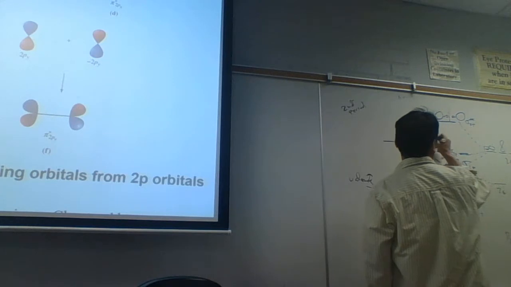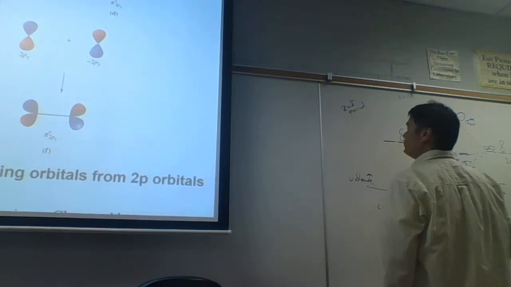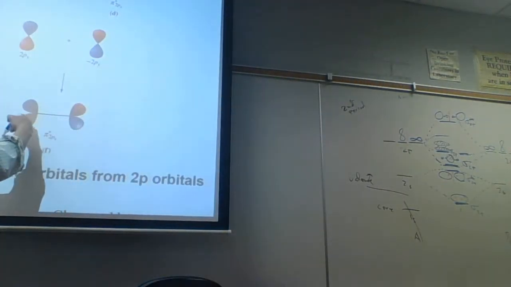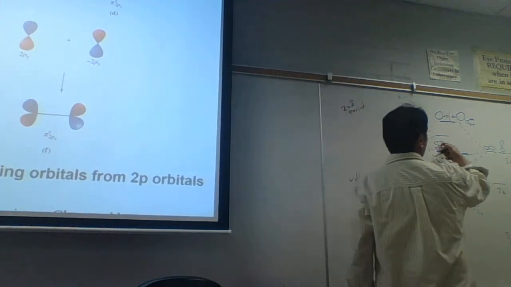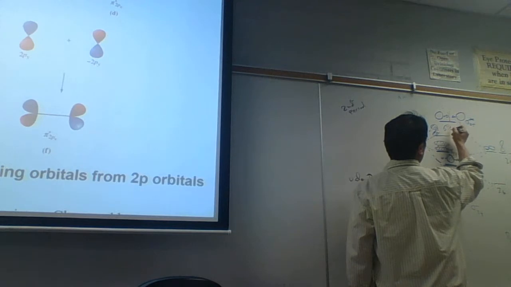Okay, now if I form a bonding, I have to also form an antibonding. And so the antibonding is going to look like this, where the four lobes kind of repel each other, rather than the four lobes combining like this. And so if the four lobes repel each other, it looks like this. You have two lobes here, two lobes here.